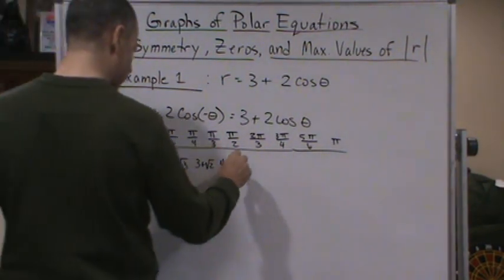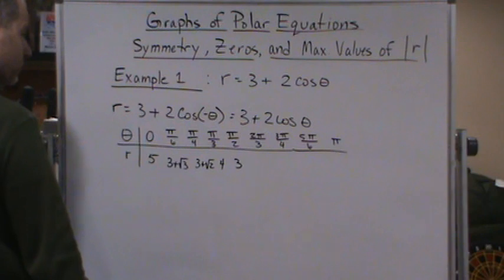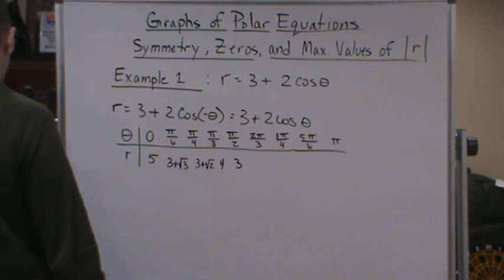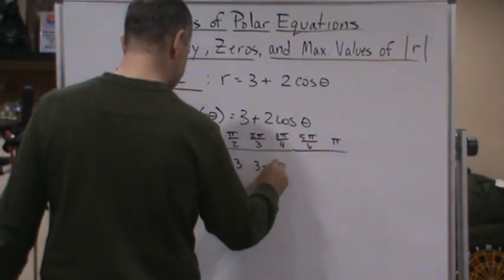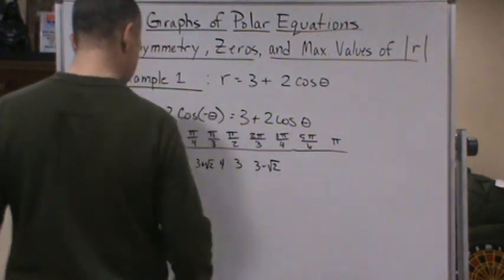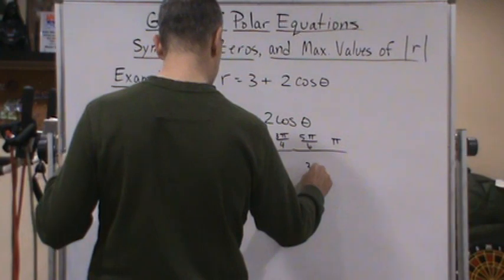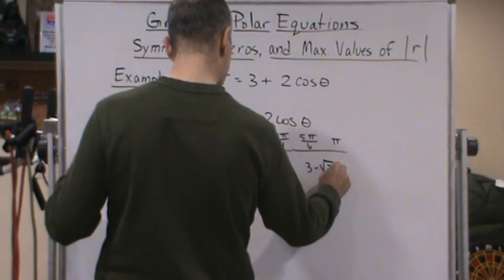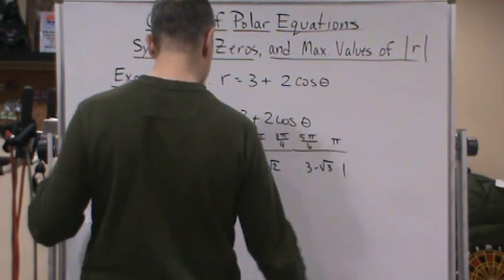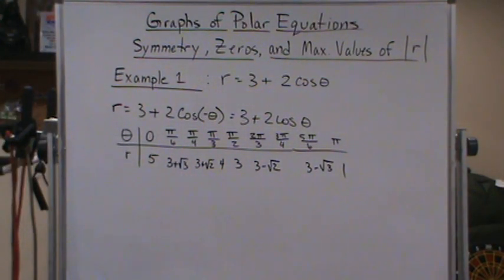And then we go down to 3, because cosine of pi over 2 is 0. And then it's going to be 3 minus the square root of 2. Okay, and then this is going to be 3 minus the square root of 3. And then this is going to be 1. Okay?